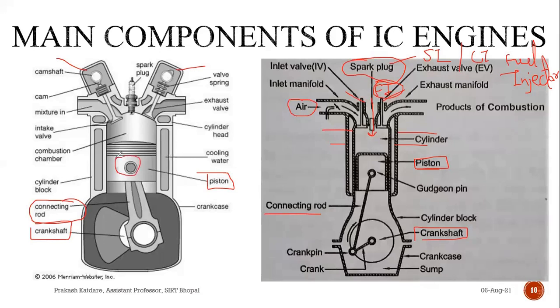The end which is connected to the piston is known as small end, and the one which is connected to the crankshaft is known as big end. Small end is connected to piston, and bigger end is connected to the crankshaft.